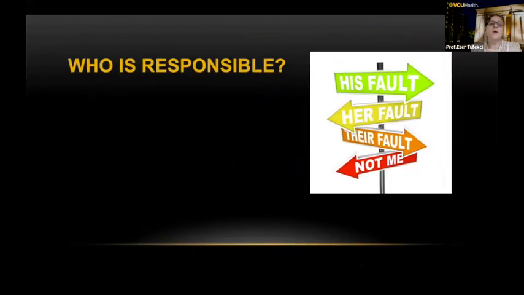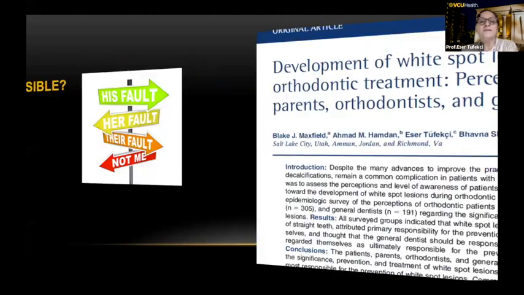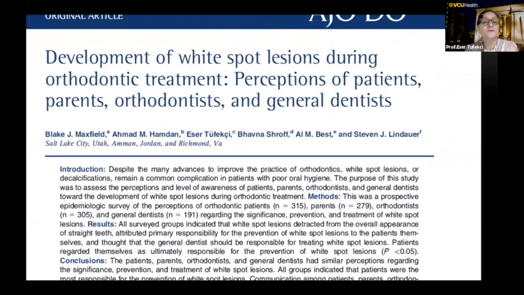So who is responsible? Even though we have these shown methods and effective products, white spot lesions are still forming, and we're still witnessing demineralization. Who is responsible? Well, this is what we wanted to figure out. This is a survey study that we conducted at VCU.